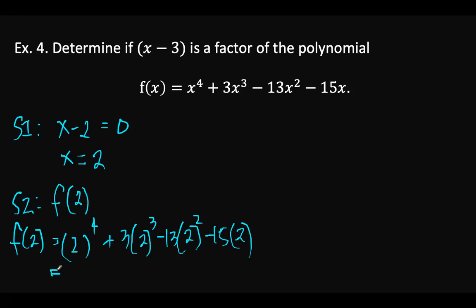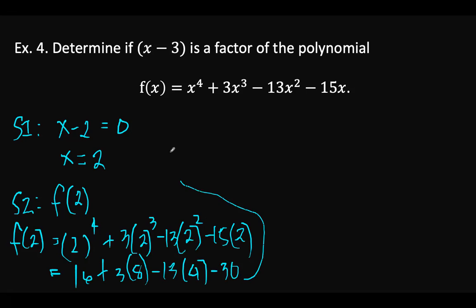All right, and let's simplify. What is 2 raised to 4? That's 16. Plus 3, what is 2 cubed? That's 8 minus 13. What is 2 squared? That's 4. And what is negative 15 times 2? That's negative 30. Okay, and let's move on to the next step to simplify the expression.